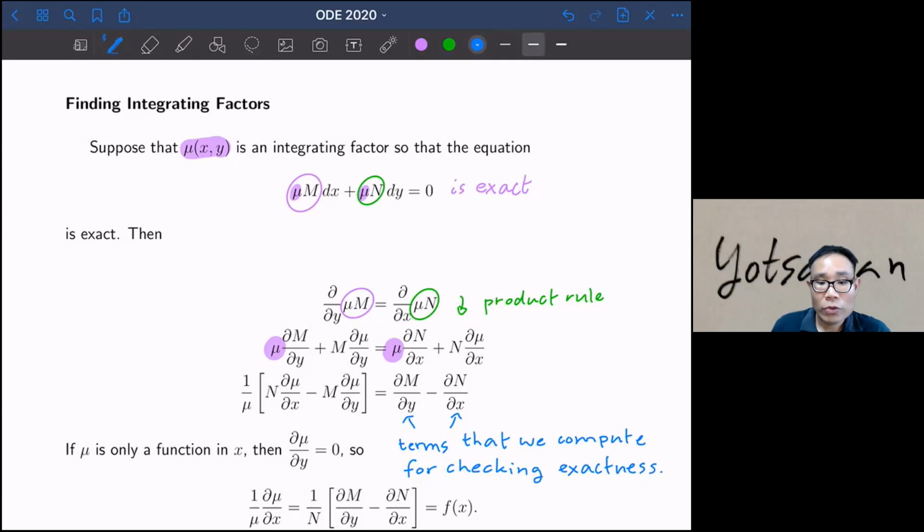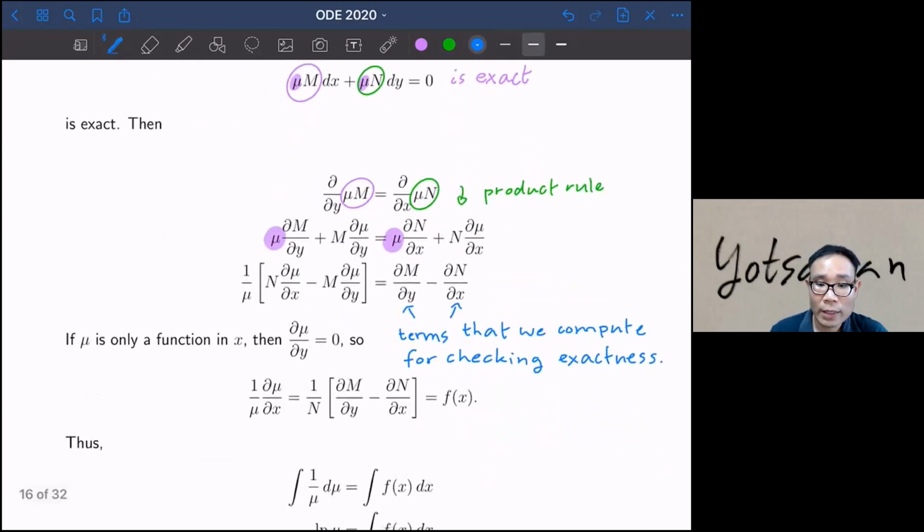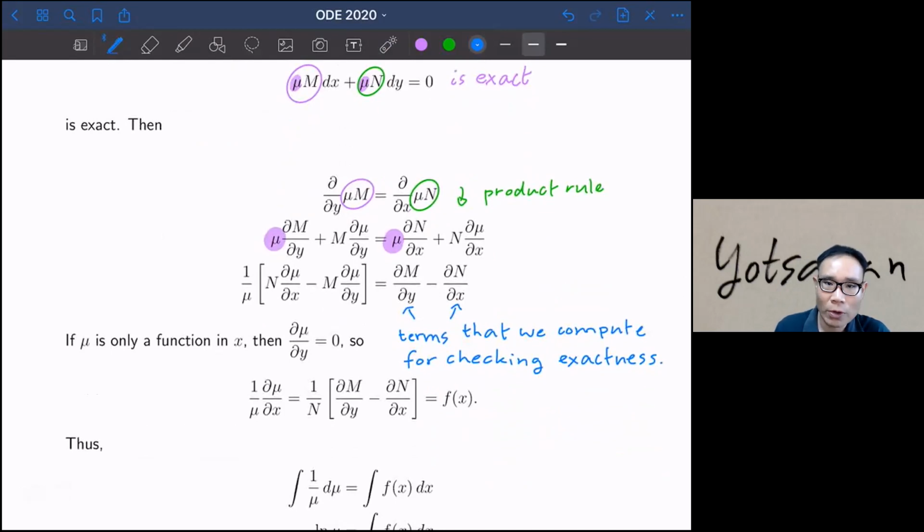Okay, so you see the dM/dy and the dN/dx appear in the calculation before, when you like to check whether it's going to be an exact equation.